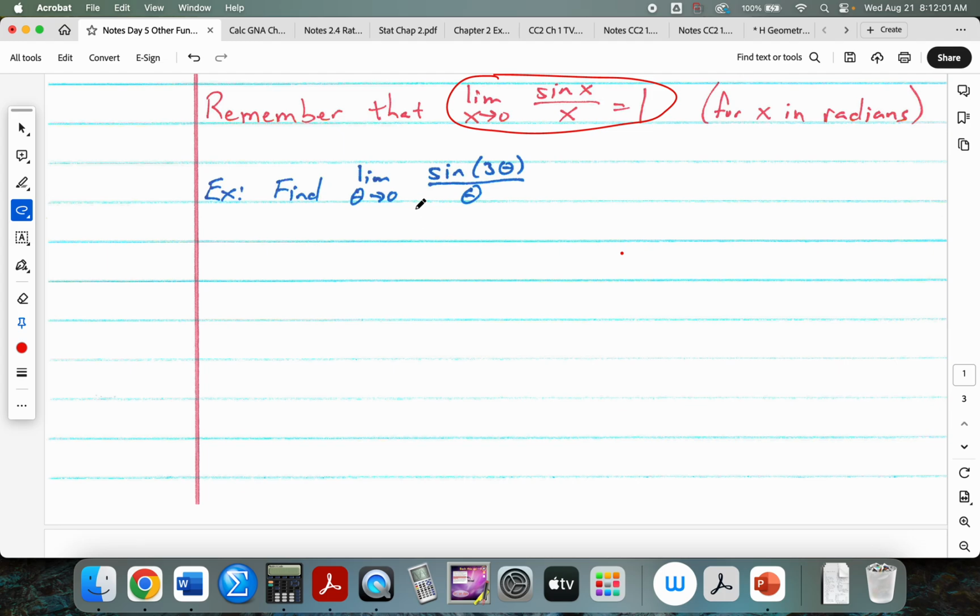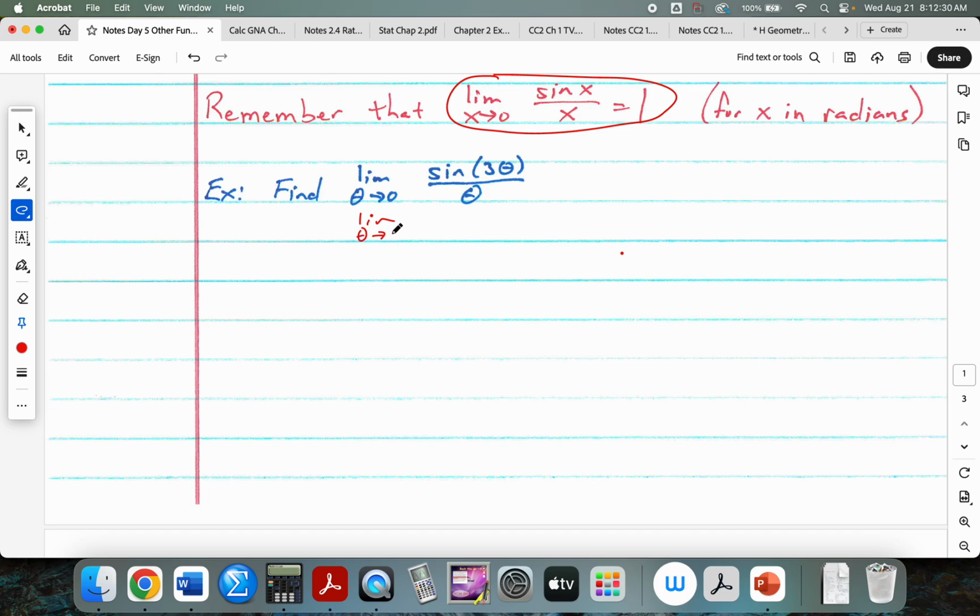Okay? All right, so if we want the limit as theta goes to 0 of sine of 3 theta over theta, notice this is not quite the same because the argument on sine up here is x and its denominator is x, but here the argument is 3 theta and the denominator is not 3 theta. They have to be identical. Well, you're like, okay, I'll just multiply top and bottom by 3 then.